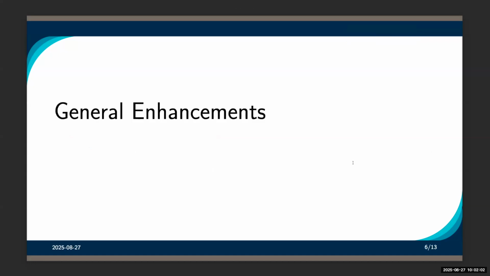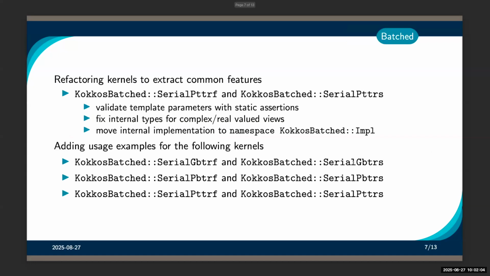Okay, general announcements. We have some refactoring. We've been refactoring kernels to extract some common features in serial PBTRF, PTTRF, and TRS. We're now validating template parameters with static assertions. So when you pass parameters that are not supported, we now let you know about it at compile time, which we probably wouldn't have done much with at runtime.